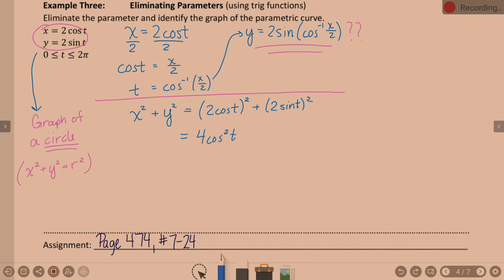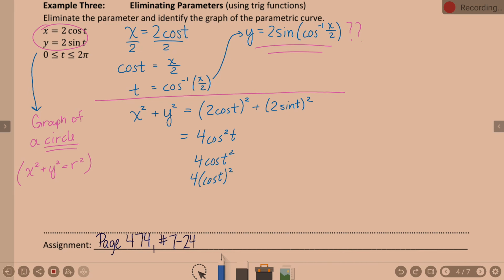Does it really matter where the square is? Depends if you're using parentheses or not. Two of those are the same, and one of those is different. The t squared on this one does not work because this is saying 4 cosine of t squared, just the t is squared.